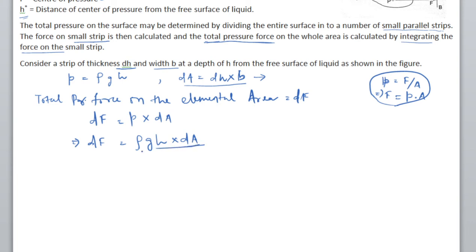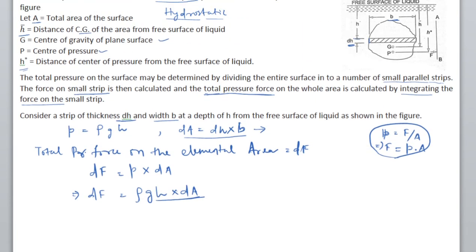Why do we require this term? Because of h into dA. You can refer to the figure: dA is the area of the elemental strip, and h is the distance from the free surface to the elemental strip.